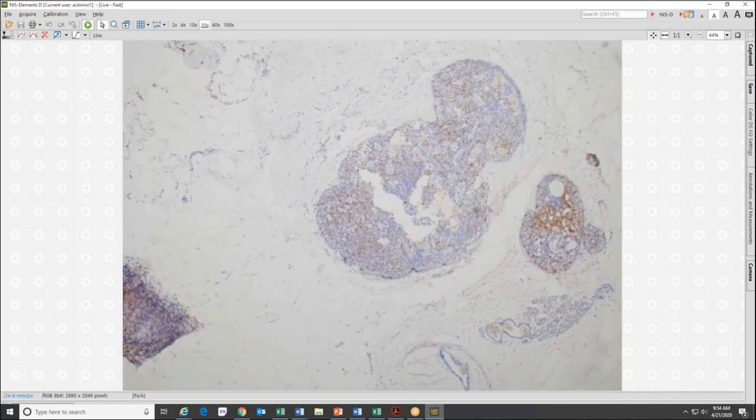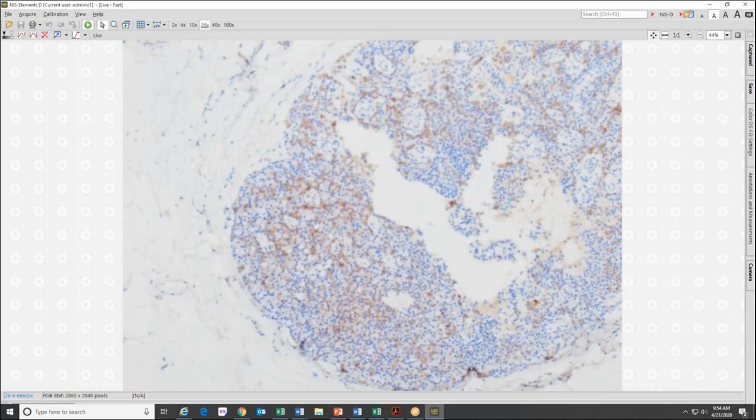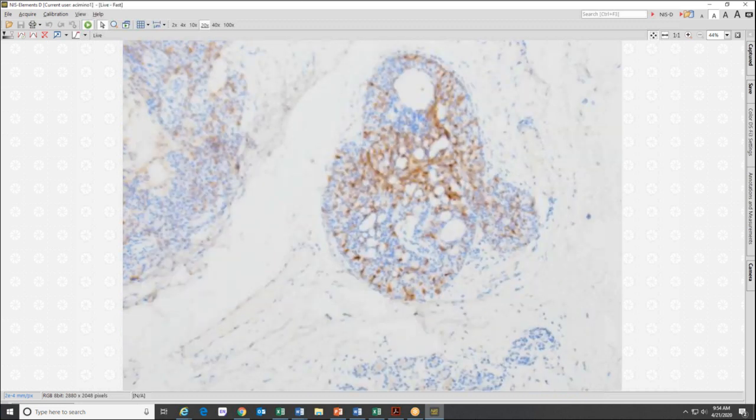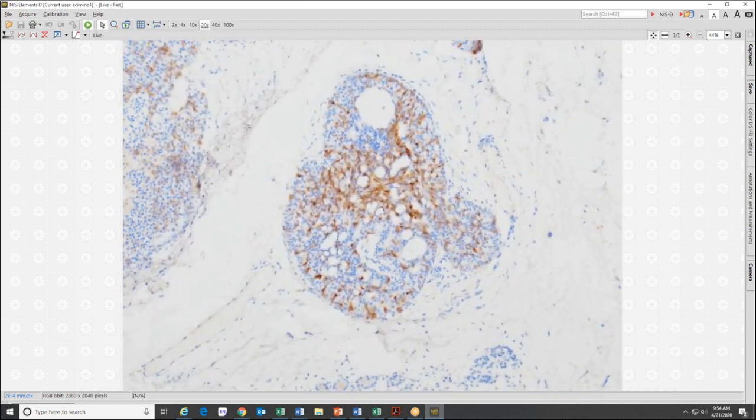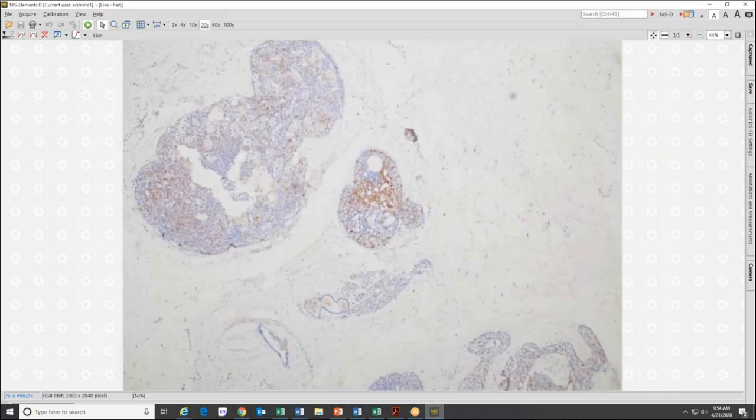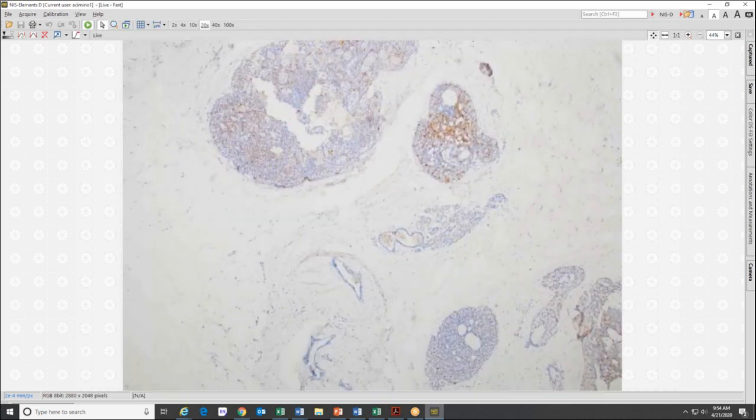These lesions, as I said, based on that cytoplasmic granularity, can also label for neuroendocrine markers, and this is synaptophysin, showing the synaptophysin labeling. So this is the type of pattern labeling you'll often see in the solid papillary carcinoma variant. Okay, so we saw encapsulated papillary carcinoma, and then this solid pattern neuroendocrine pattern in situ process that can either be involving papillomas or standing alone as solid papillary carcinoma.